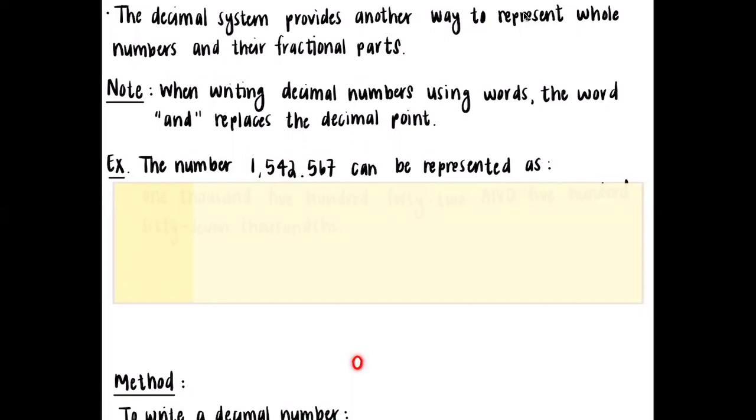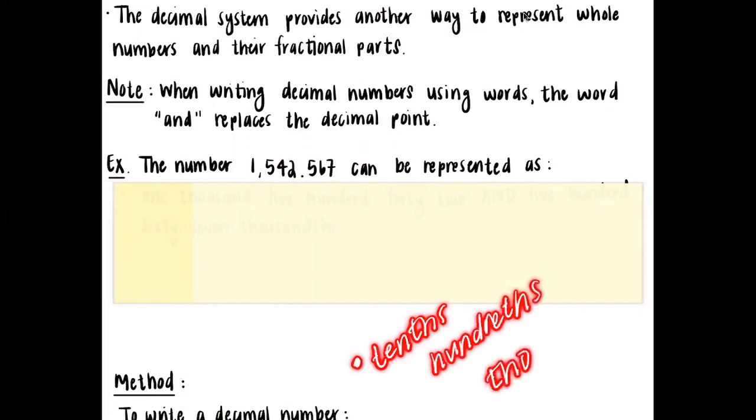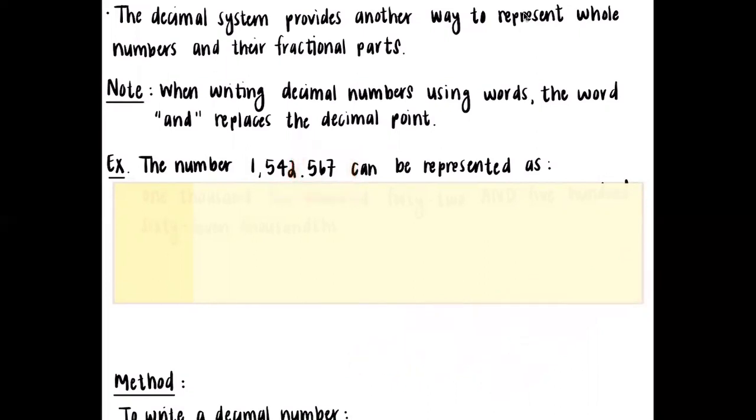So for values less than 1 when it comes to the decimal place, that's where we have tenths, hundredths, and I'm pretty sure in the book you could see a whole chart, thousandths. But notice the key difference is that TH at the end. That helps us represent that now we're talking about the right of the decimal spot, which represents values less than 1. And of course it goes on and on to ten thousandths, hundred thousandths, and so forth.